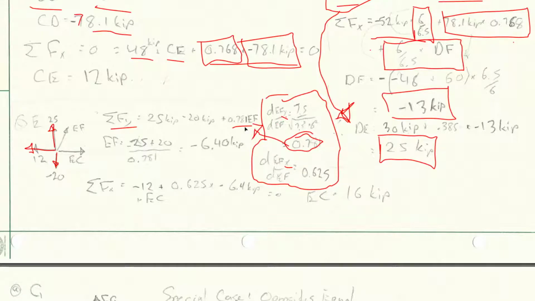So again, that's simple enough to solve. Keep the EF on this side, subtract the 25, add the 20, and then divide by the 0.781. That gives us a value of negative 6.4 kip. So this EF here is actually in compression, and it's relatively small compared to some of the other loads in this structure.